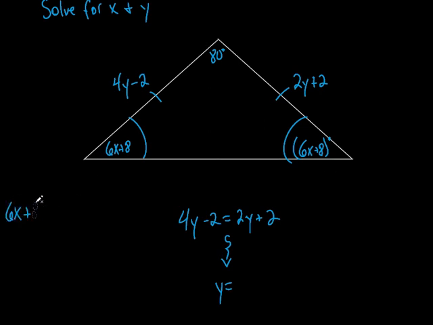So I got 6x plus 8 as one angle, and 6x plus 8 is another angle, plus what else? 80, right? And that equals 180. I'll let you do the work, and you get x equals whatever. And that's how you do it. Make sense? It's not going to be all exactly like this, but that's the idea that you're trying to do.